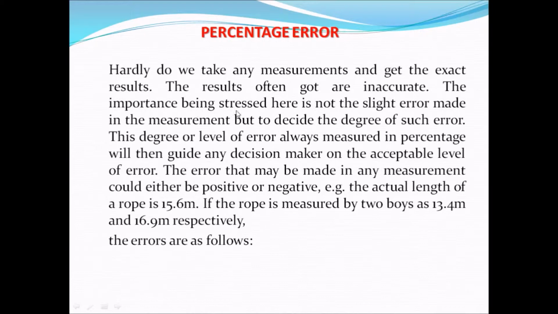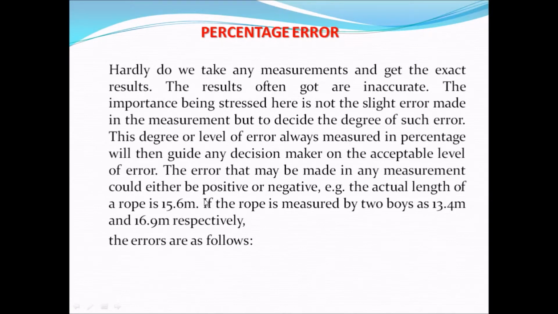The importance being stressed here is not the slight error made in the measurement, but to decide the degree of such error. The degree is very, very important. This degree or level of error, always measured in percentage, will then guide any decision maker on the acceptable level of error. The error that may be made in any measurement could either be positive or negative.